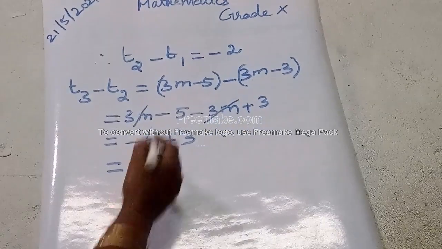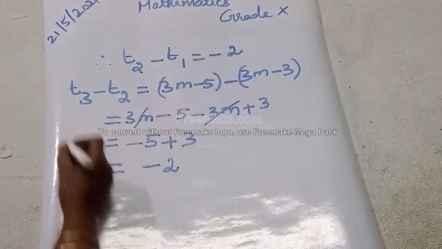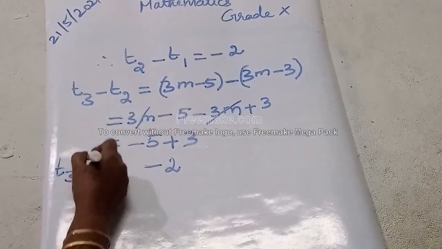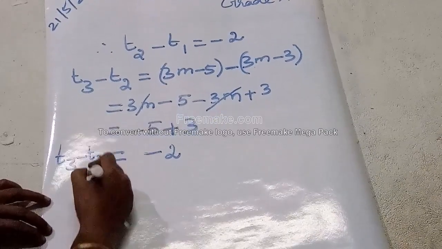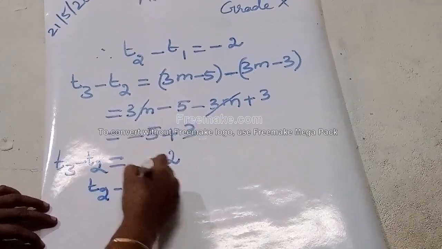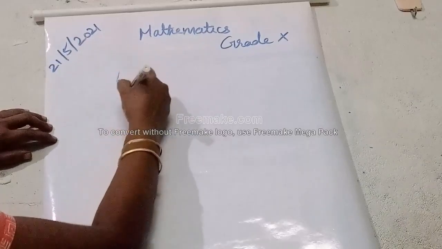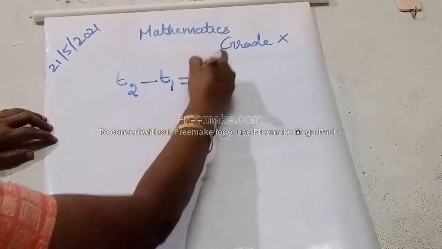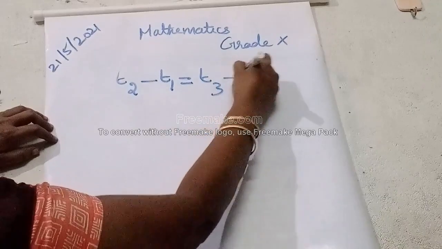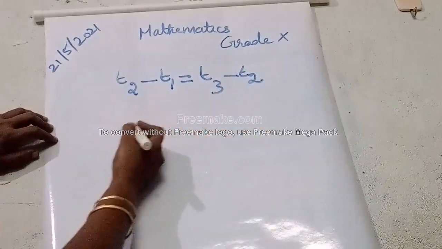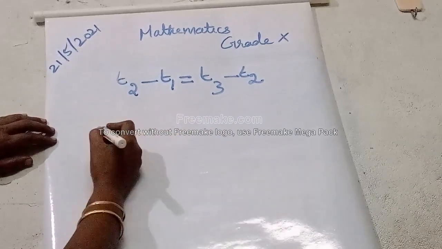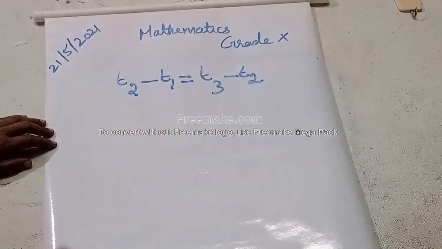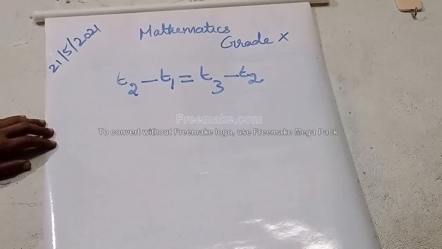Now we have to compare. What is T2 minus T1? We have minus 2. What is T3 minus T2? We have minus 2. So we can now write T2 minus T1 is equal to T3 minus T2.